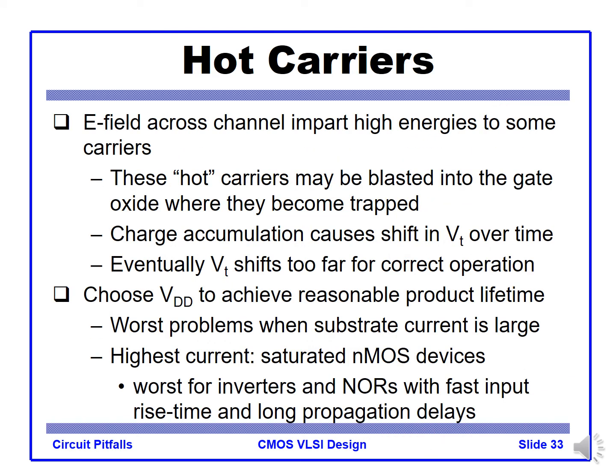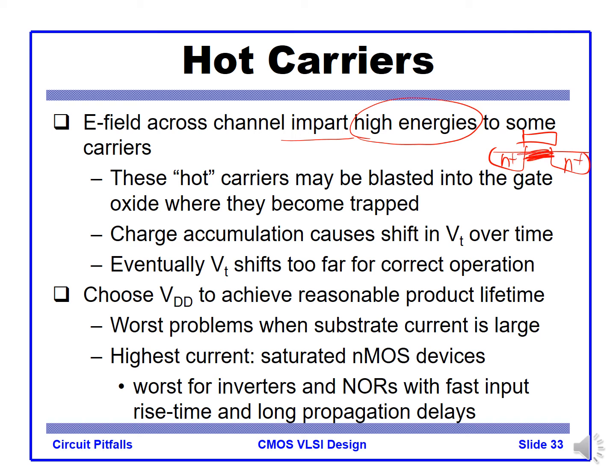Hot carriers. The electric field across the channel gives high energies to some carriers. Those hot carriers may be blasted into the gate oxide where they become trapped. We have an N-plus and N-plus, and a channel inversion here.